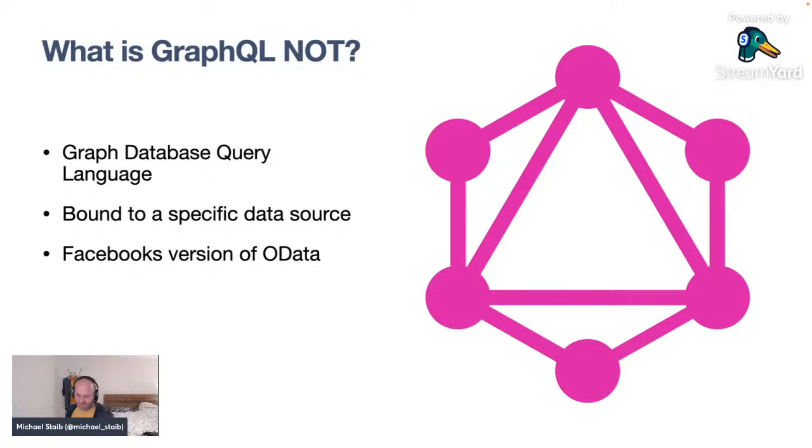And OData came from this corner of database technologies, whereas GraphQL was built with APIs in mindset. So Facebook had an internal API that they had, their business layer, and they built GraphQL on top of that to let applications more easily access this application layer and actually specify what they need from that application layer.